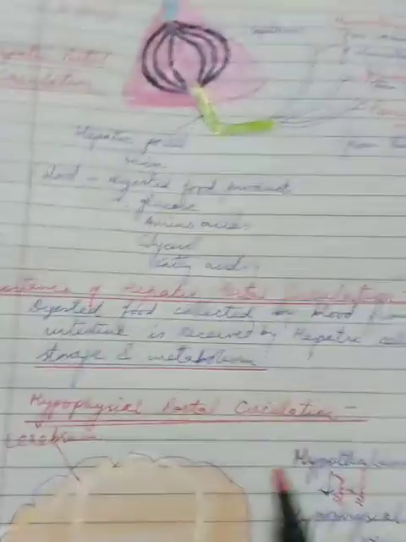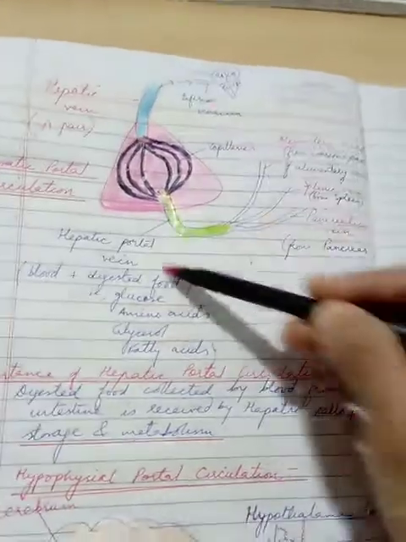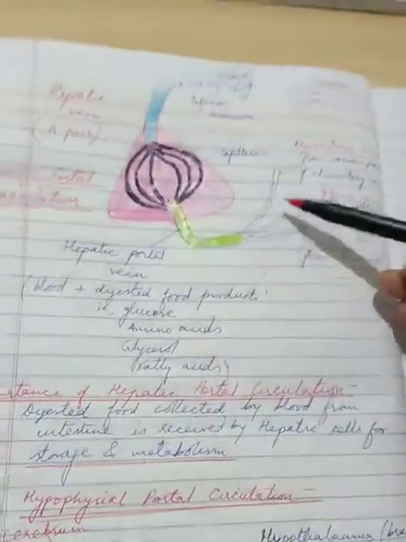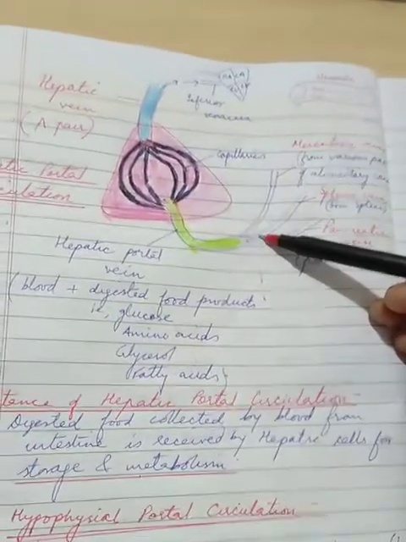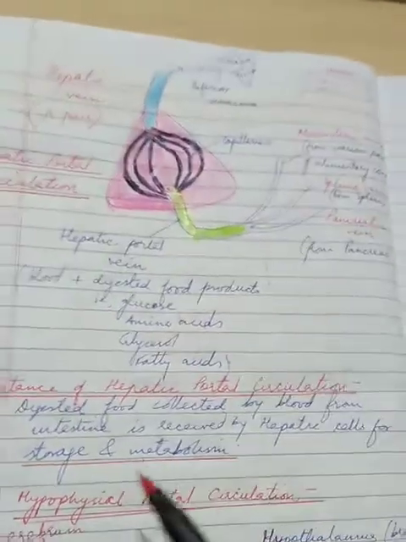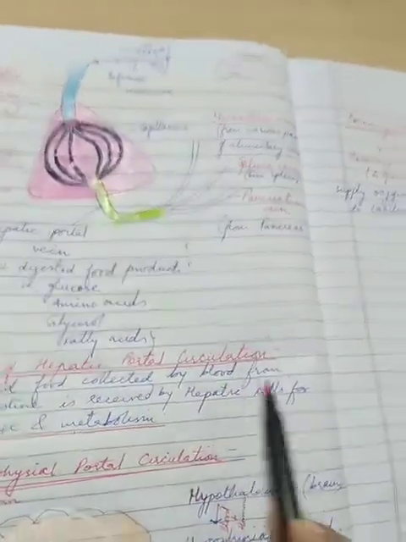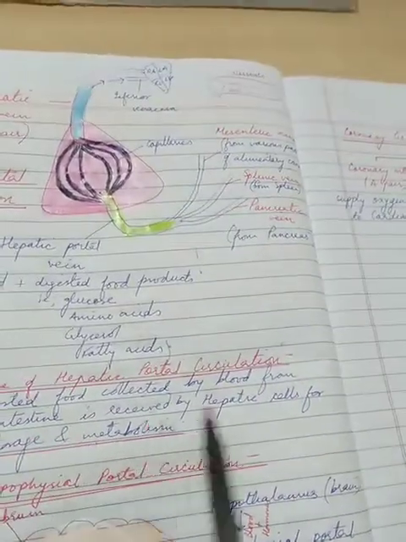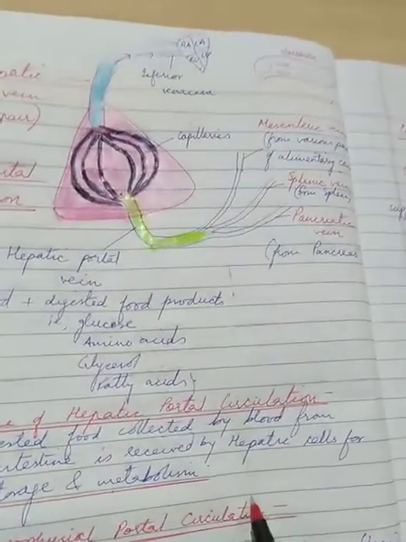You know, it's important to understand what is the advantage of this elaborate system, children. What is the advantage of this hepatic portal system, or let's say the portal system here? The answer is the digested food collected by blood from the intestine is received by the hepatic cells for storage and metabolism.